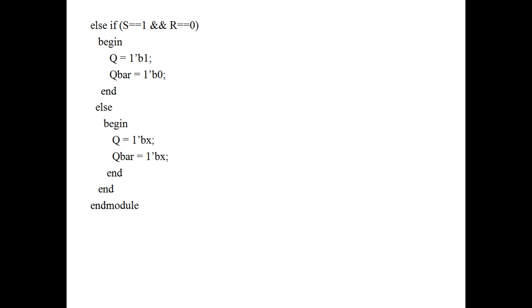But when S is equal to 1 and R is equal to 1, then the flip-flop is in an uncertain state, right? Okay. This is the Verilog code for SR flip-flop, behavioral modeling style.